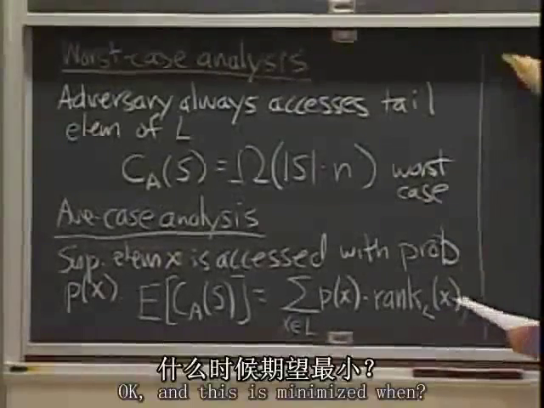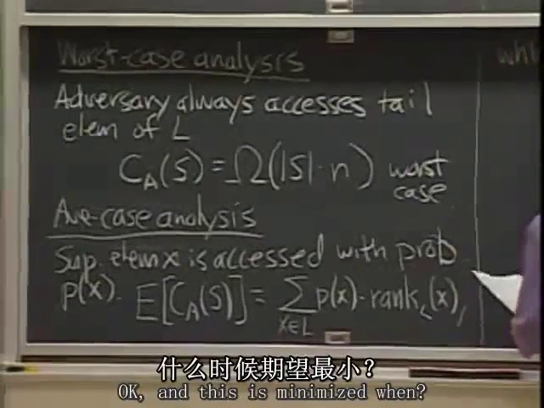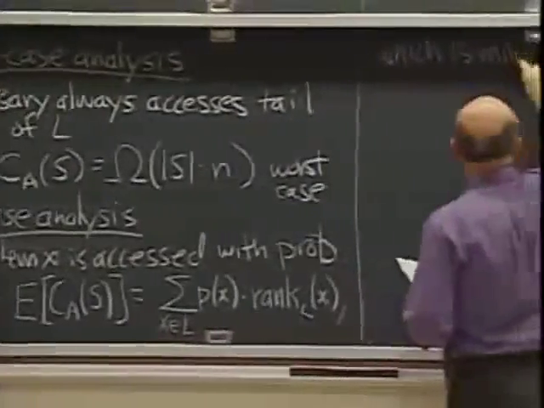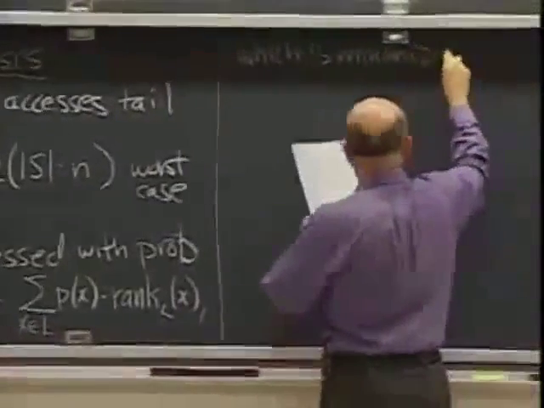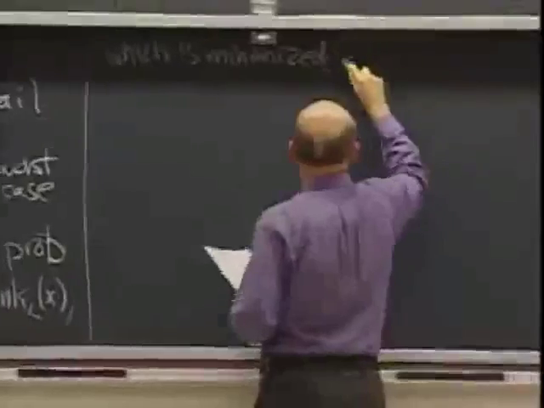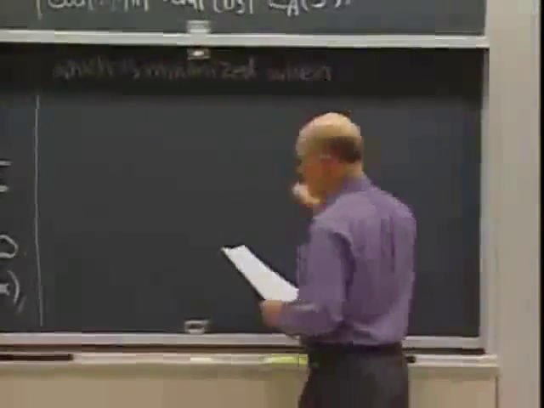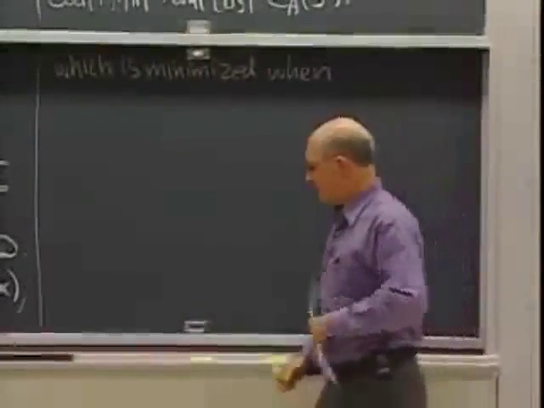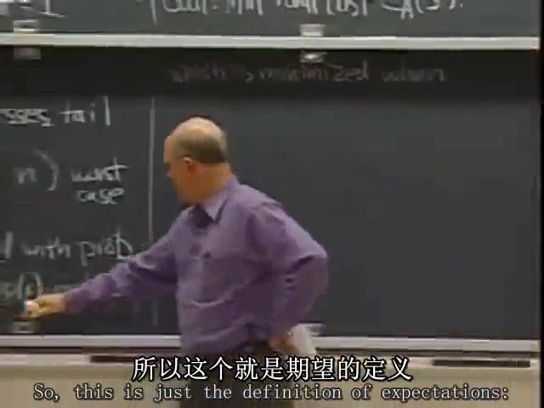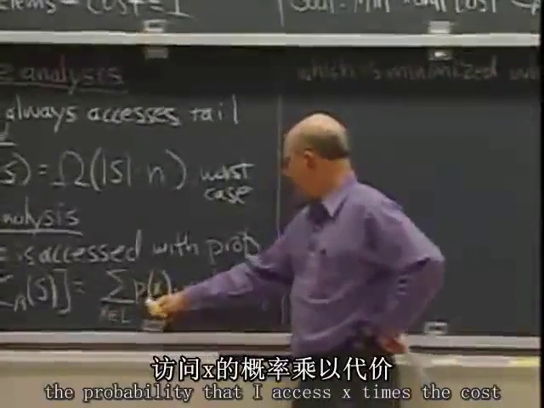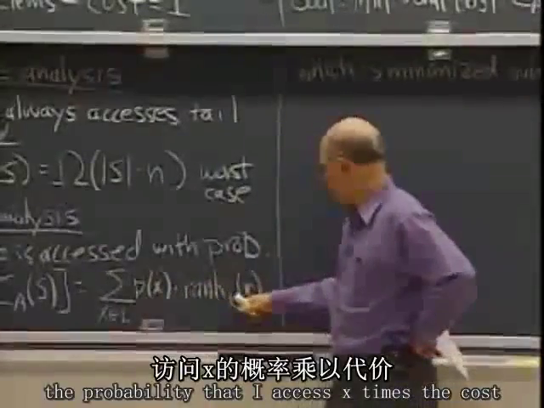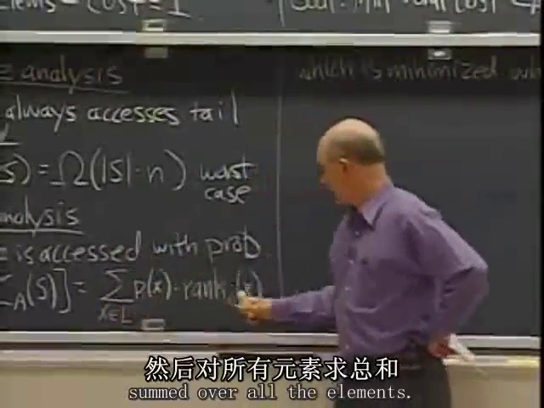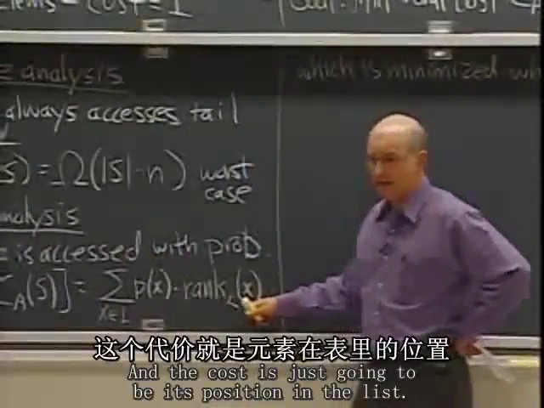And this is minimized when? This is just the definition of expectation: the probability that I access X times the cost, summed over all the elements, and the cost is just its position in the list.